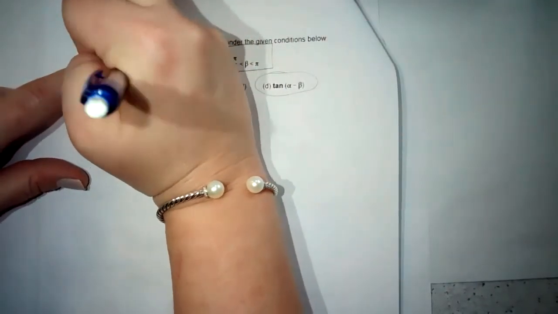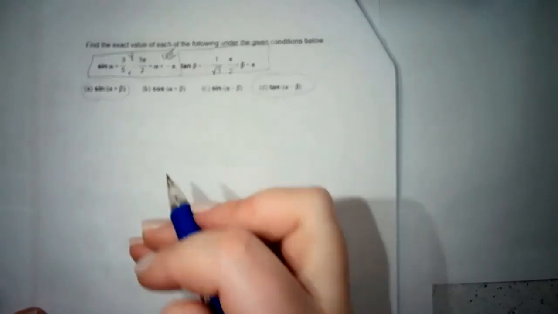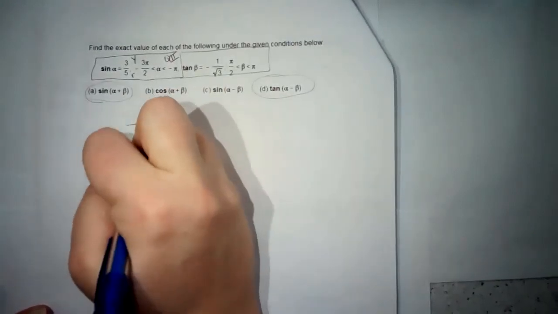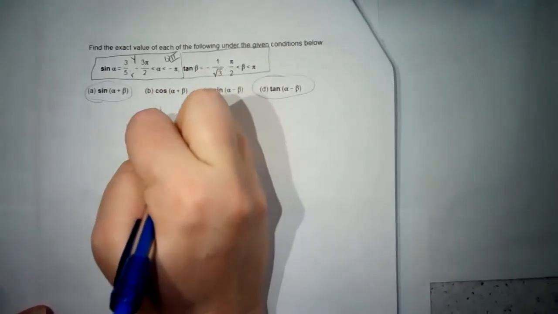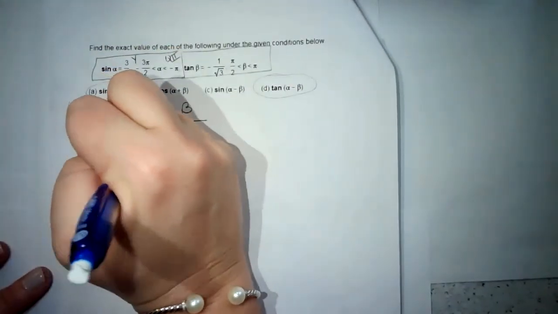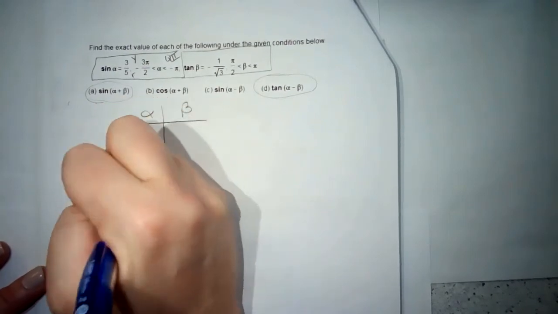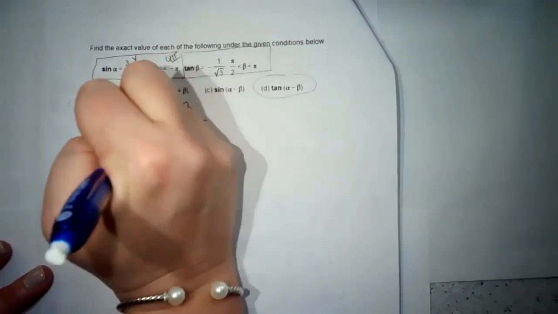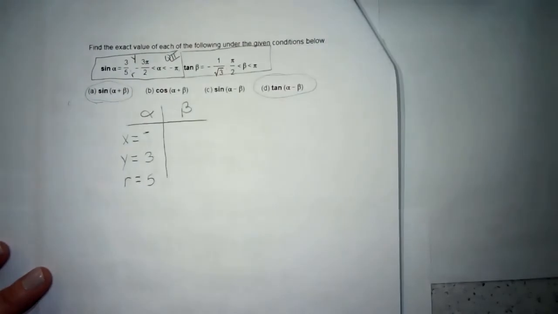All right, then they give me sine. So I have y and I have r. If I make my little chart for alpha and beta, I've got x, y is 3, r is 5. I'm in quadrant 2, so I'm going to put in a negative for x, just so I don't forget.